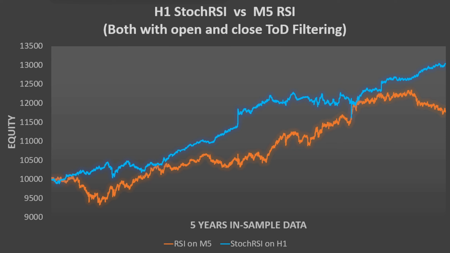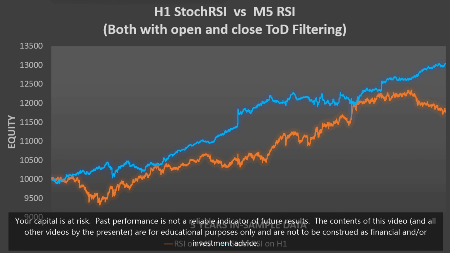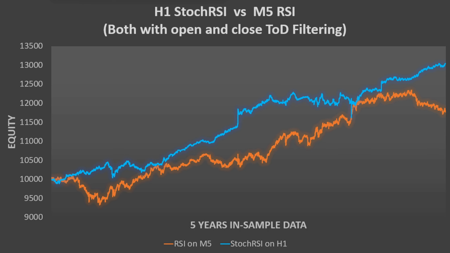So the orange curve here is RSI on the 5-minute time frame, and the blue curve is the stochastic RSI on the H1 time frame. Most importantly, the stochastic RSI looks to be much more effective still. So although the standard RSI has caught up a bit here, when using this type of overbought, oversold strategy, stochastic RSI looks to be king.